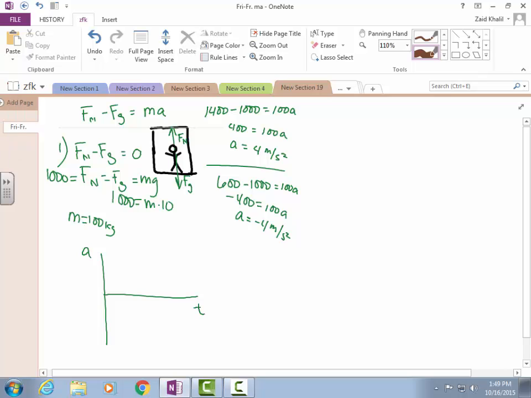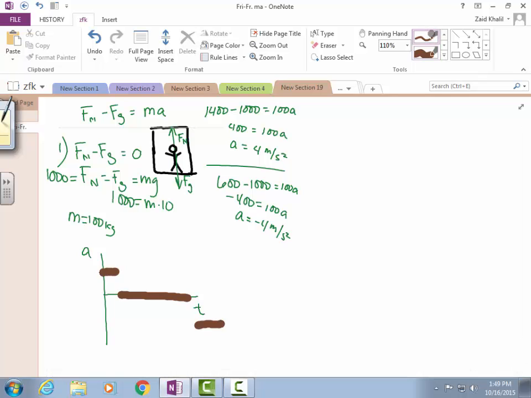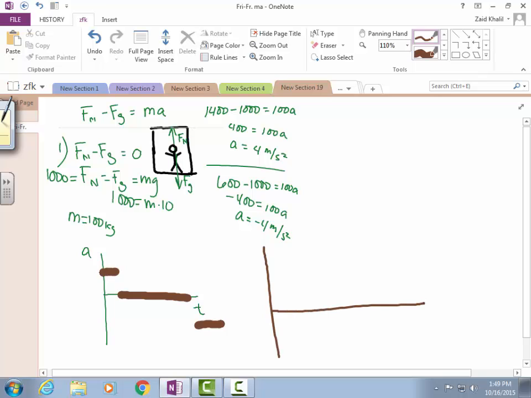It's going to look like this, and then 0, and then negative. Then we graph v. And what does v look like? v goes up, horizontal line, back down.